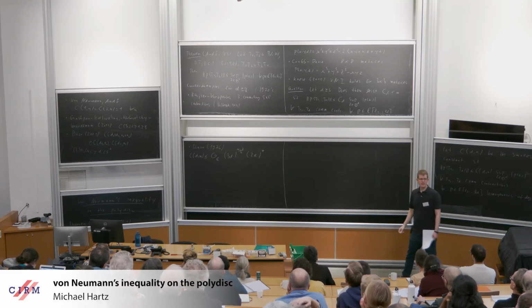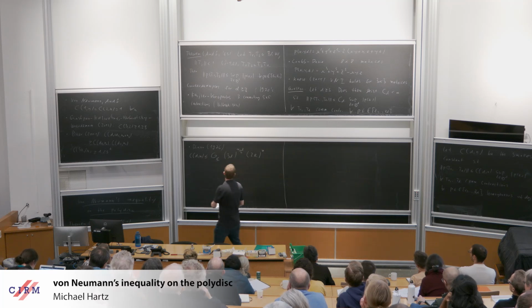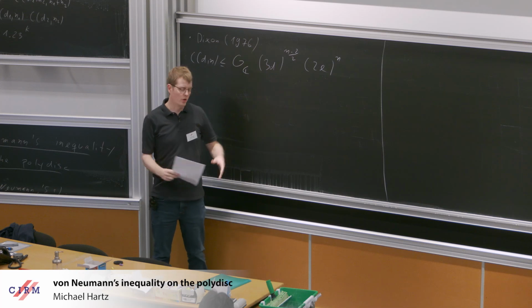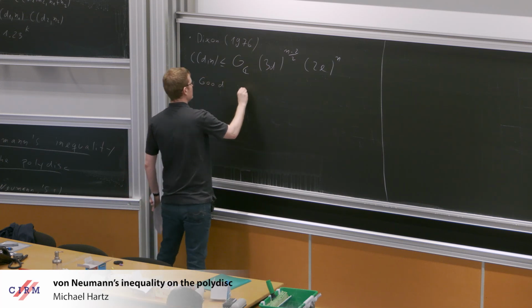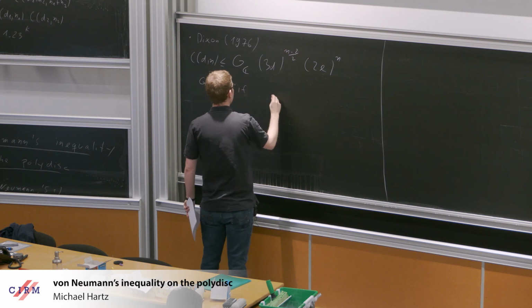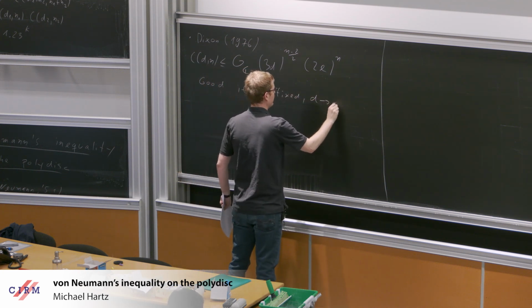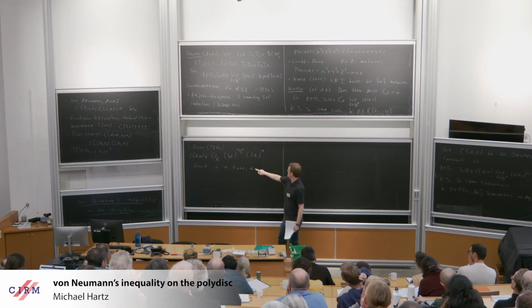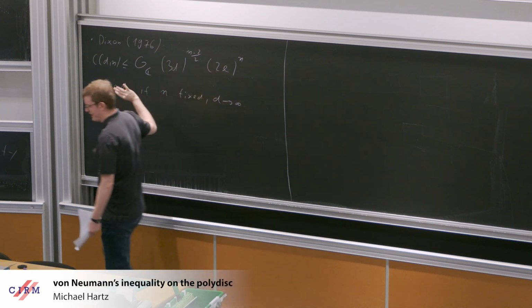And Dixon also observed that this bound is good if you fix the degree n and let the number of variables go to infinity. So let me just say this is good in this regime if n is fixed and d goes to infinity. He has a corresponding lower bound where this exponent here is slightly smaller than the lower bound, but the gap is not that big.